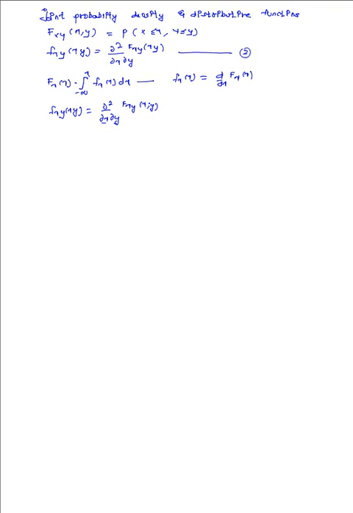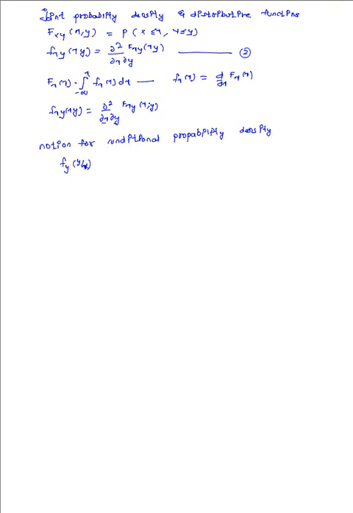Now let us see what the conditional joint probability density function is. Let me give the notation for the conditional probability density function. The notation is fy(y/x).